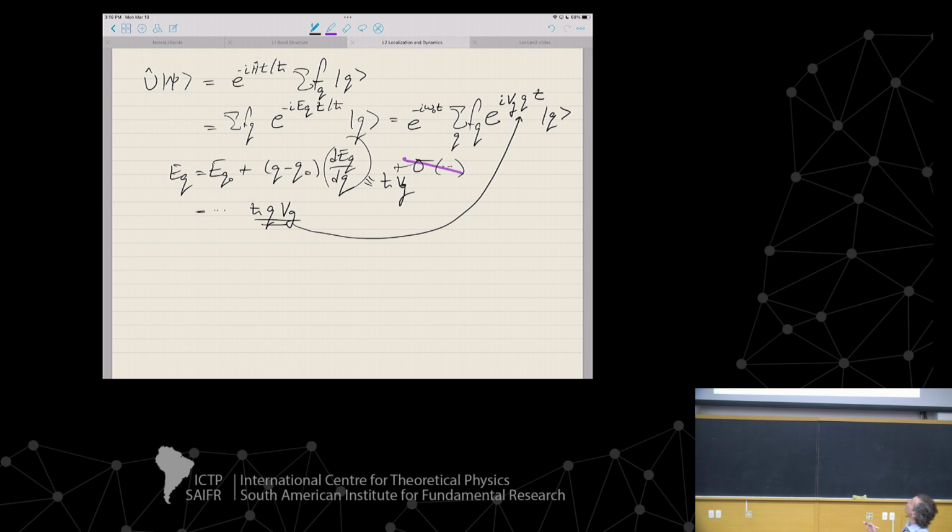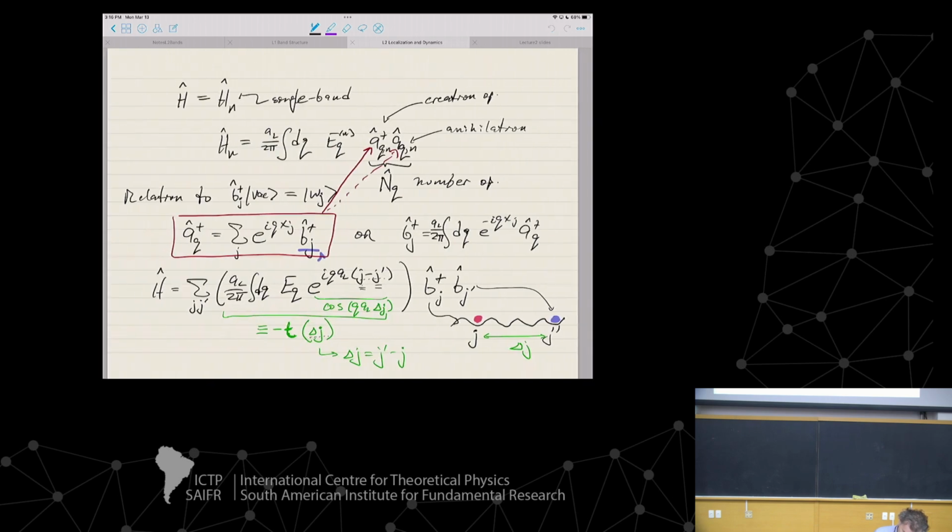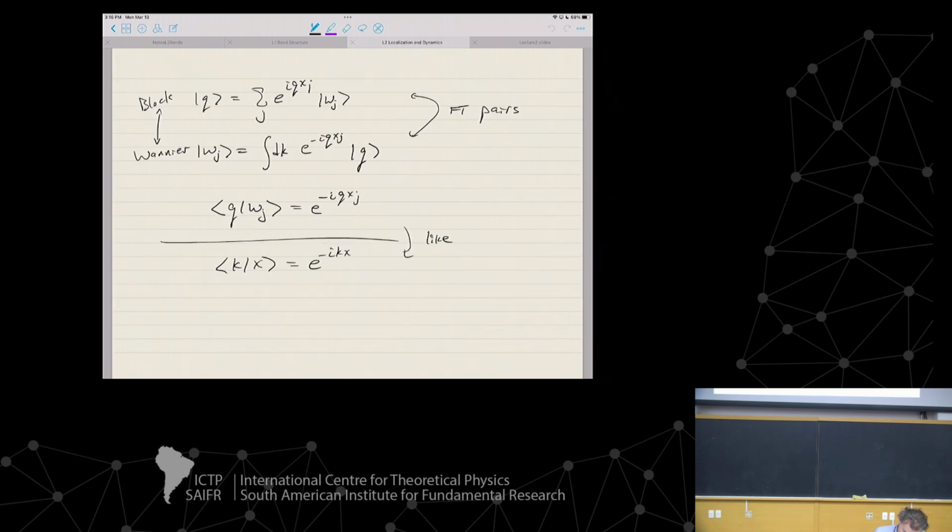So what does this operator do? Remember that this looks a lot like the translation operator. Okay. If I have something which is e to the i v_group q t, this is, let's see, maybe I wrote this down back here. Okay.